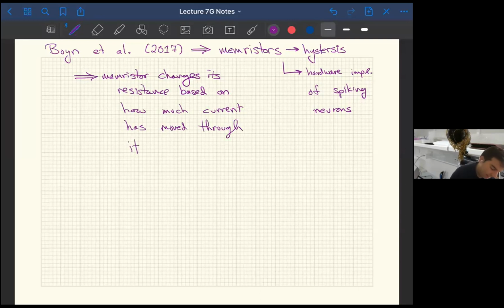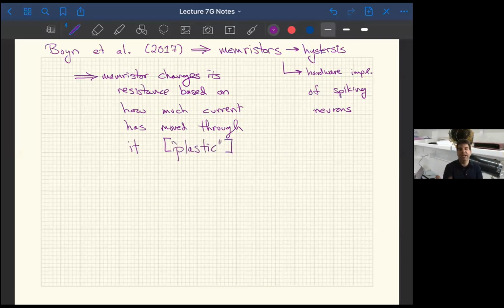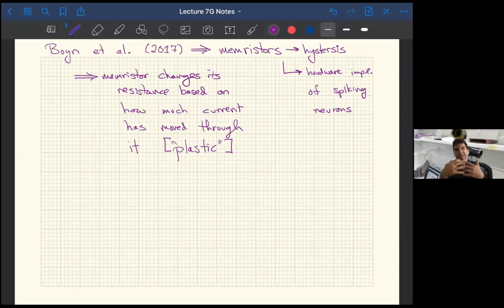And so it is effectively a plastic device in that it can be changed. The current and resistance are intrinsically linked, so it can actually be changed by the current going through it, and that can then change how much current goes through it later.